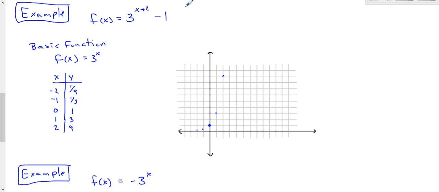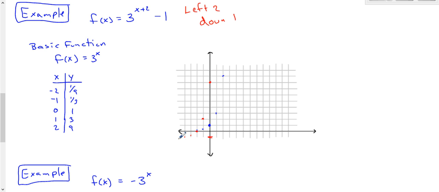I am moving to the left by 2 units and down 1. So left 2 and down 1, left 2, down 1, left 2 and down 1, and left 2 and down 1.